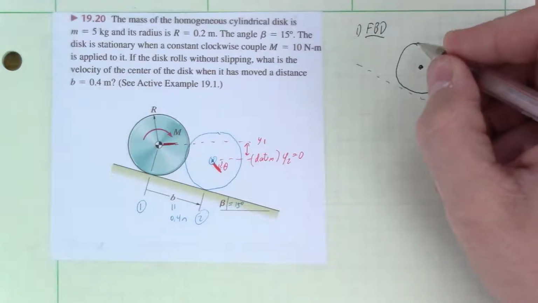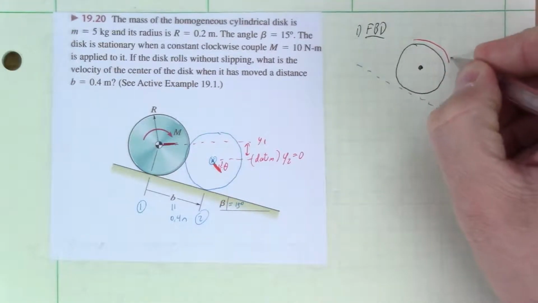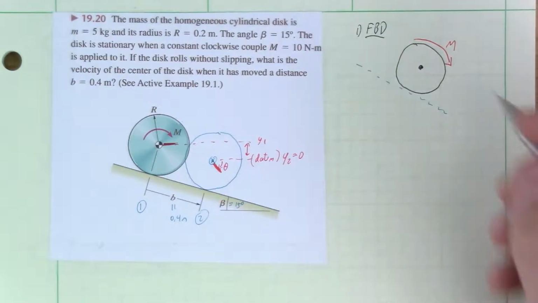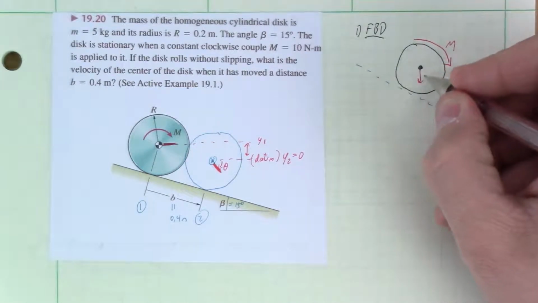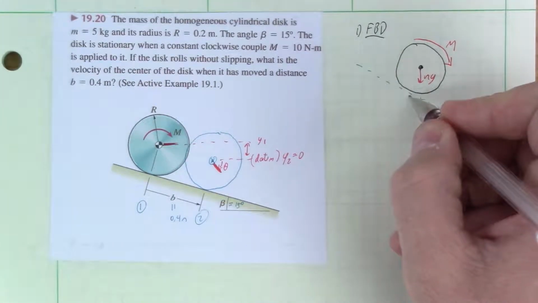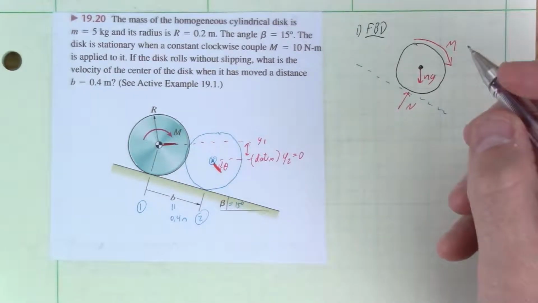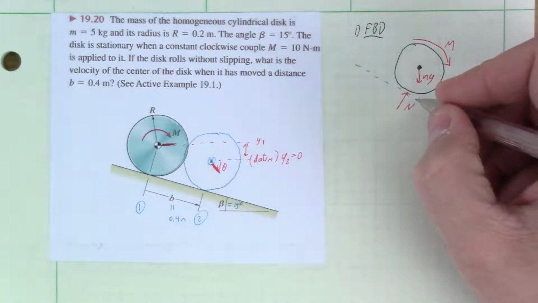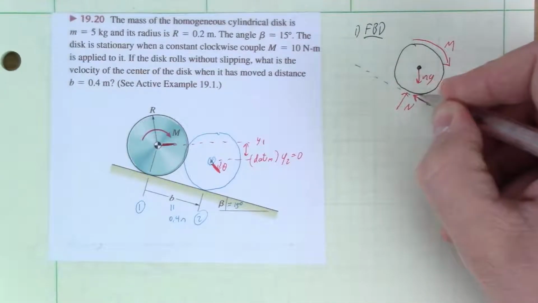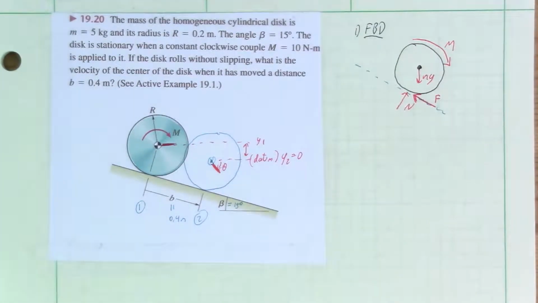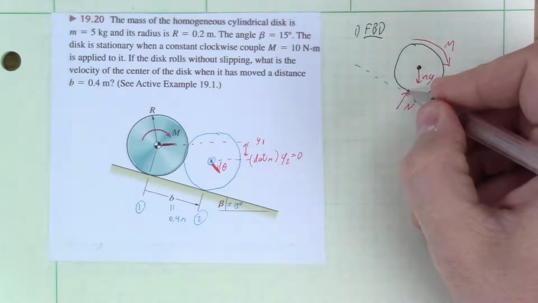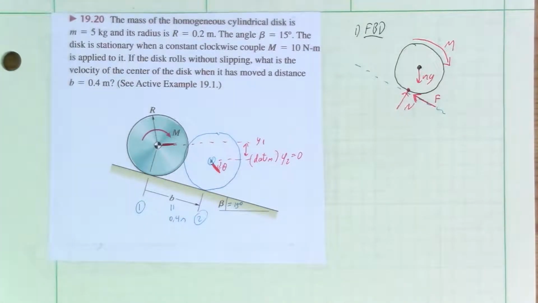So we have the applied moment, M, it has a weight, mg, because it's making contact. It has a normal force, and then there would also be friction. I think those are the four, and those both act right there.